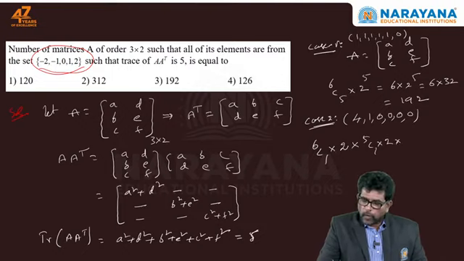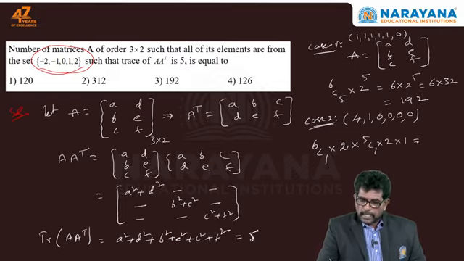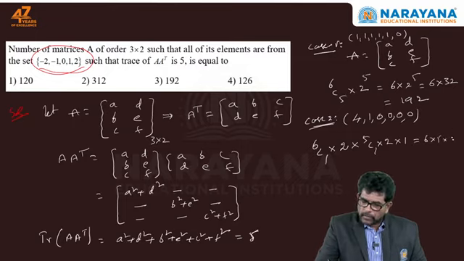The remaining 4 places are filled with zeros in one way. The total number of matrices is 6 into 5 into 2 square, which is equal to 120.